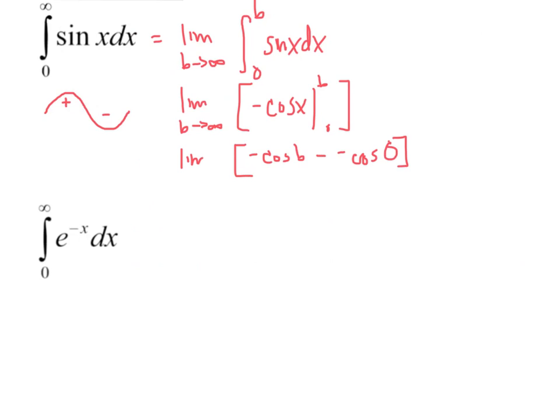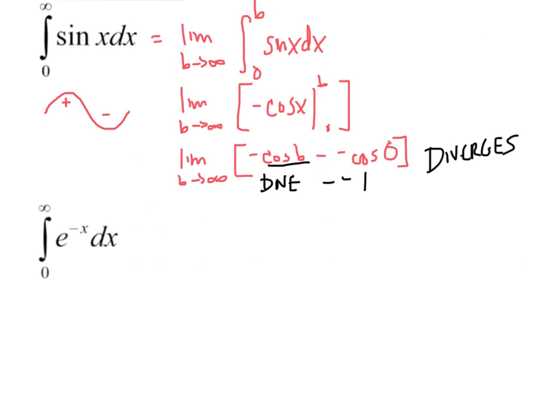And again, with our knowledge of cosine, this part is 1, but this limit does not exist. And you could say, yeah, but it bounces between -1 and 1. Right, it does. Cosine bounces between -1 and 1, but a limit is approaching one number. So you can't say it bounces or it depends. So this diverges.